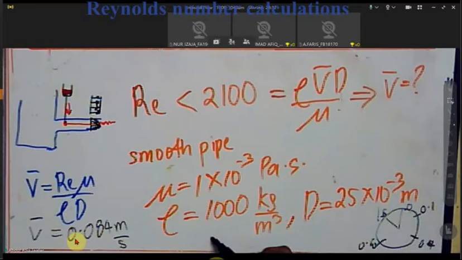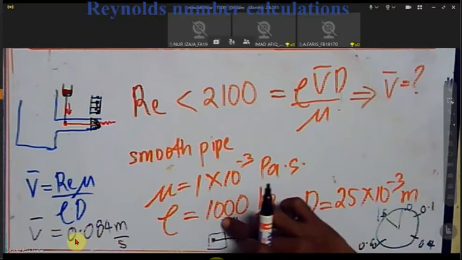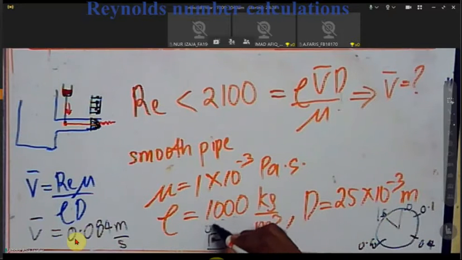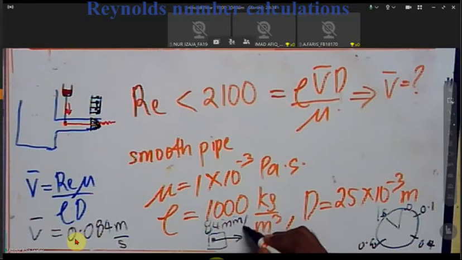A fluid particle moves at 0.084, that is 84 millimeter per second.